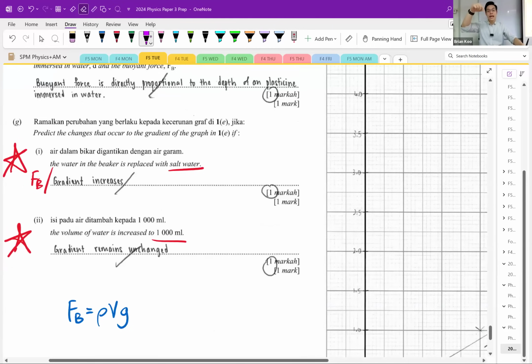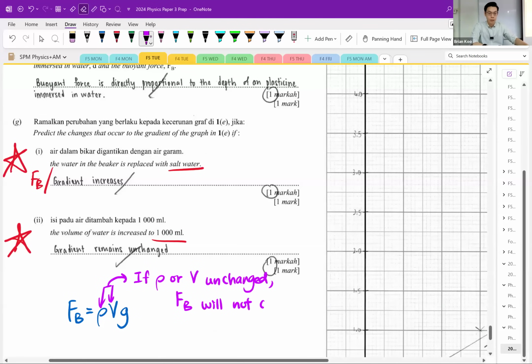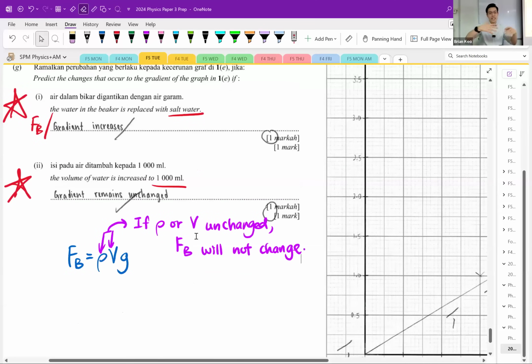Remember, as long as the density or the volume never changes, buoyant force will not change. They can ask any kind of question, I can change 1001 things. It doesn't matter, just double check the formula. As long as the density of the liquid never changes, or the V never changes.